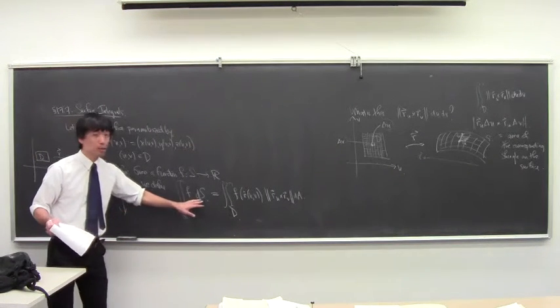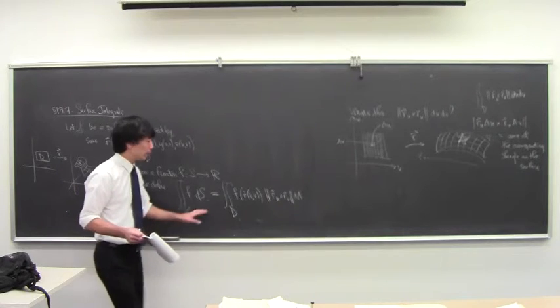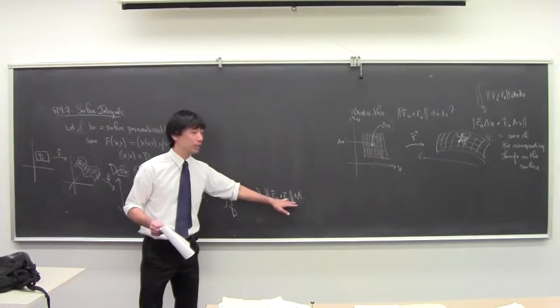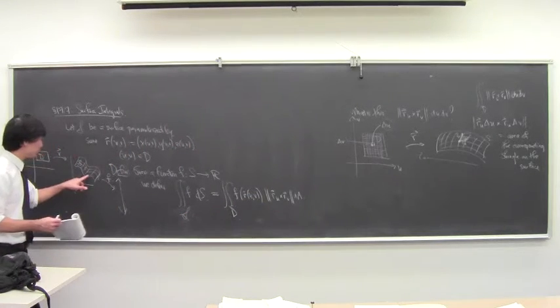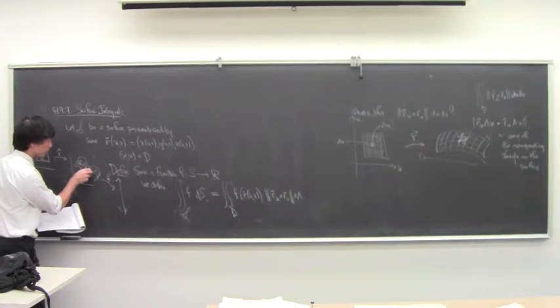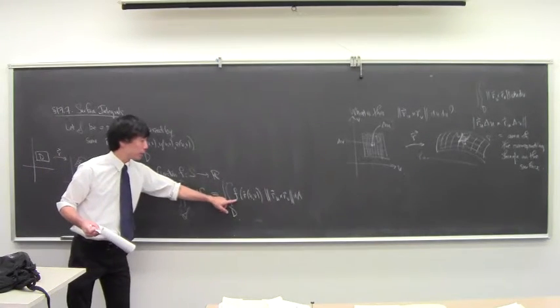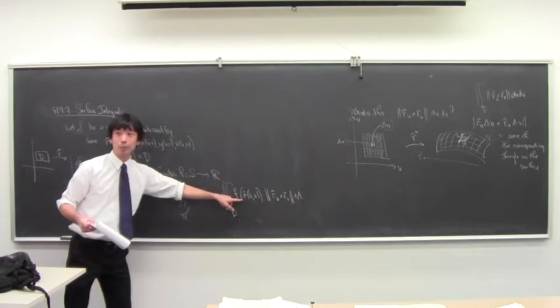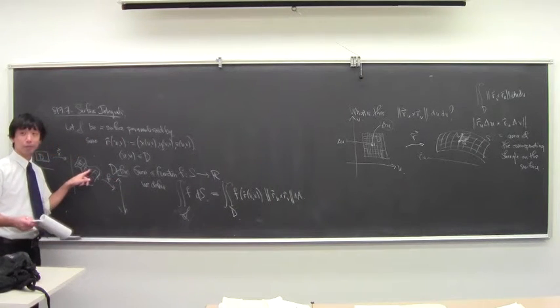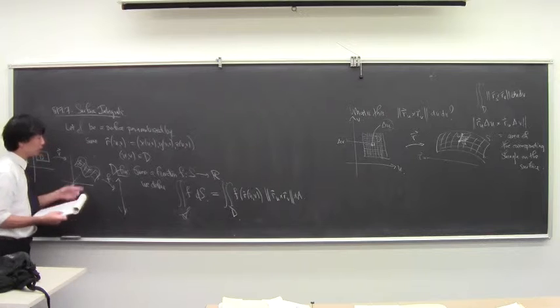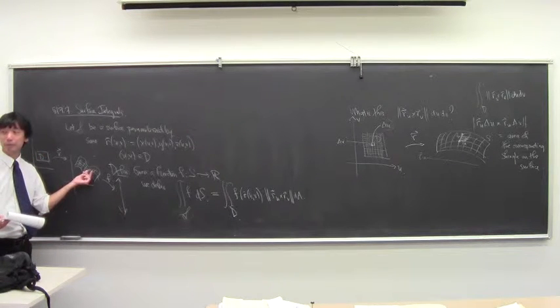So what does this mean? This thing is the area of a tiny shingle, the area of some tiny parallelogram here. And then you're taking the function at a point on that parallelogram, taking the function's value at that point and multiplying by the area of the base.